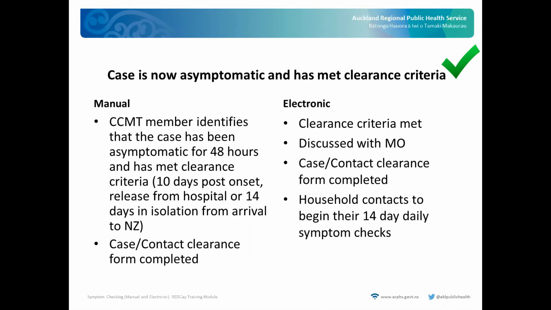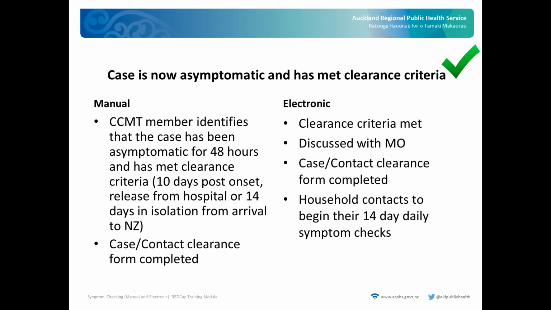Okay, so if you are following up with a case to do manual symptom checks, manual follow-up, the case and contact team member will identify that the case has been asymptomatic for 48 hours and has also met clearance criteria. They will then discuss this with their PH, their team lead, and also the symptom checking MO for their approval, and then the case and contact clearance form will be completed.